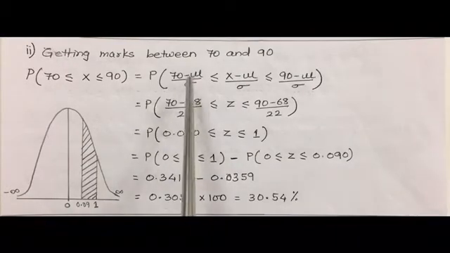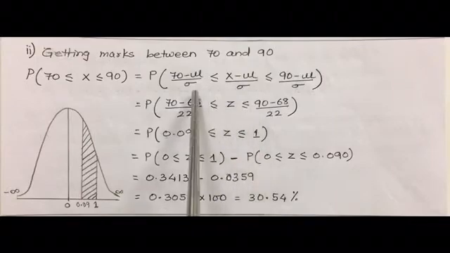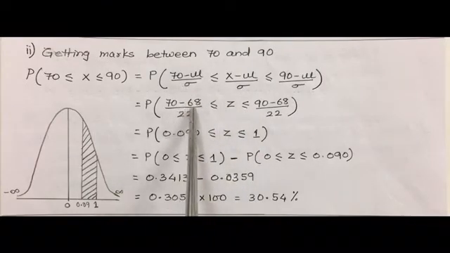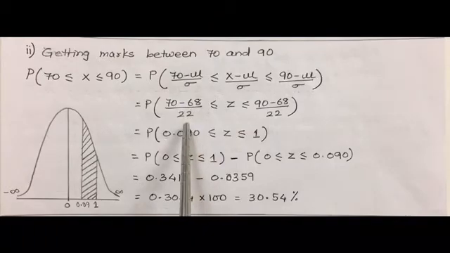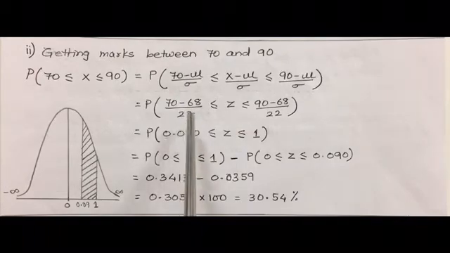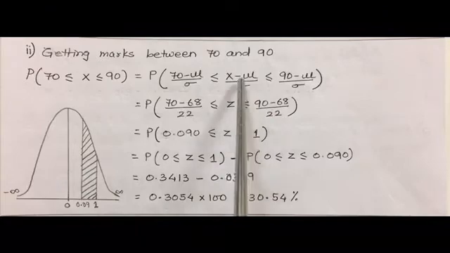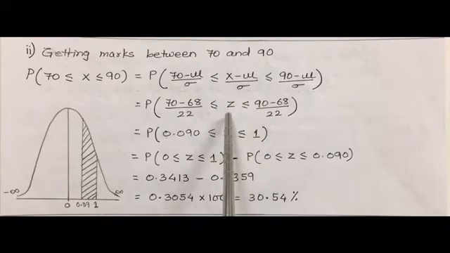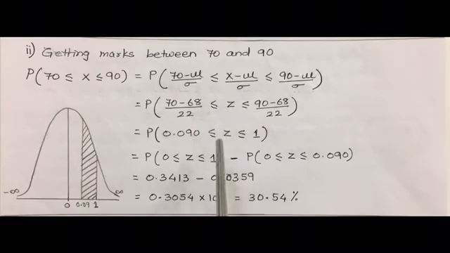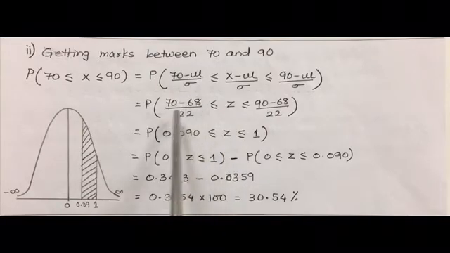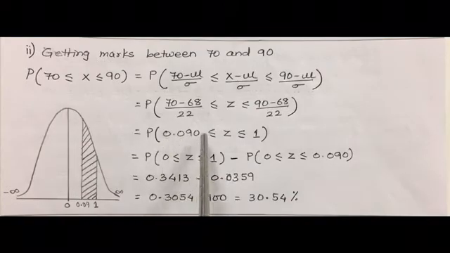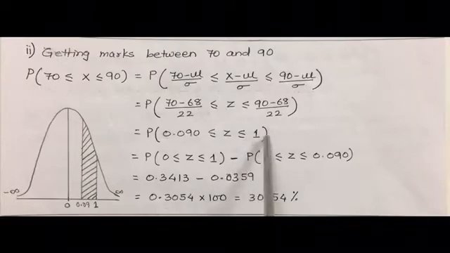Going for X minus mu upon sigma to standardize the variable. So keeping the value of mu as 68 and sigma as 22, and in between X minus mu upon sigma will be substituted as Z. Calculating both the sides, we get 0.09 less than or equal to Z less than or equal to 1.